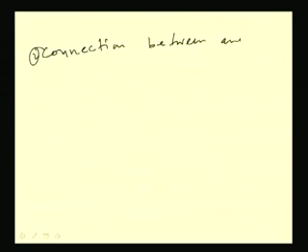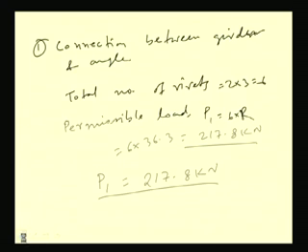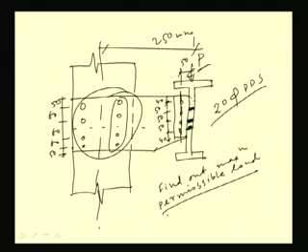Another is the connection between angle and bracket. If we see the connection between angle and bracket, these two angles are connected to the bracket through 4 rivets, and each rivet is in double shear because two angles are located, and the eccentricity is 50 mm.